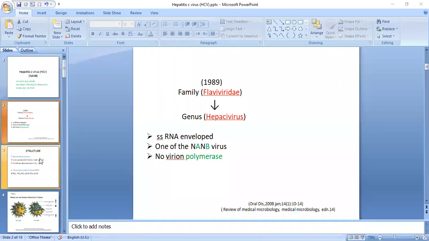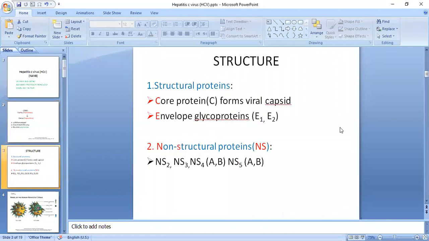Regarding the structure of hepatitis C virus, there are different antigens and proteins, divided into structural proteins and non-structural proteins.